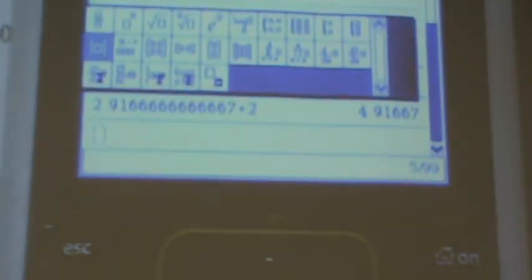Now on this calculator, let's see, I haven't found the greatest integer yet. It's probably right here. Does anyone see the box? I don't see it. I'll have to find greatest integer on this calculator.